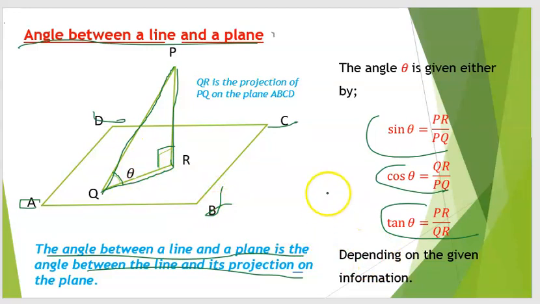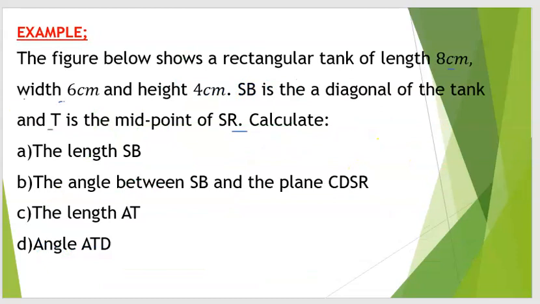If you're given the hypotenuse and the opposite, then you can use the sine, and so on. So I'm providing an example so that we can understand more.